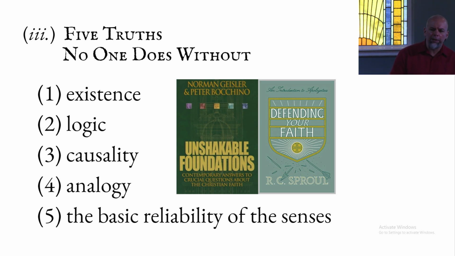Do you see the reason why? The one who is thinking, or even doubting if you want to go there, or even being deceived if you want to go there, must exist in order to think or doubt or be deceived. To be under some error or to be under some spell or to be under an illusion has what in common? To be.